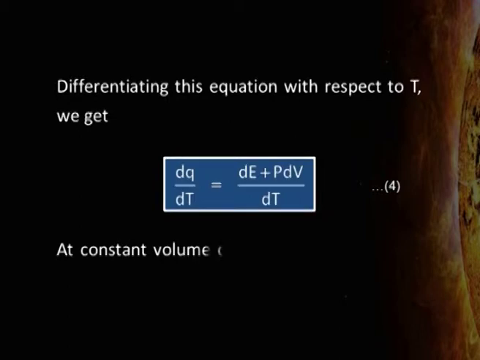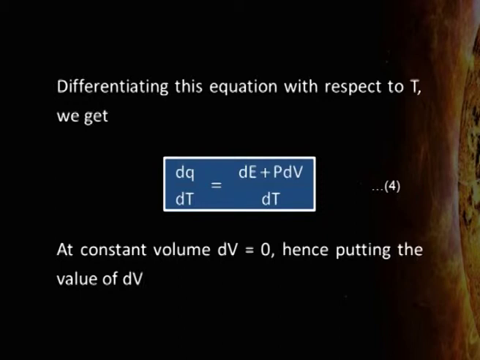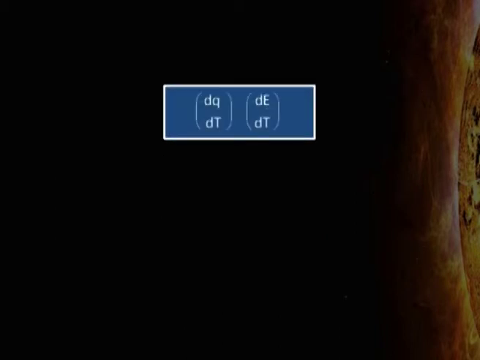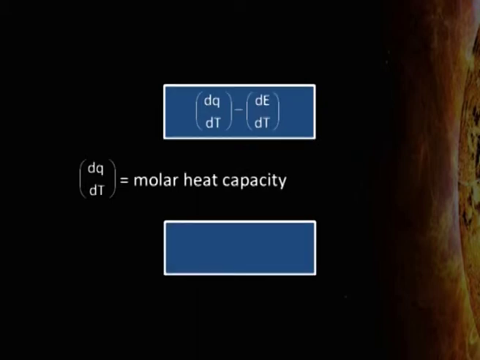At constant volume, dV will be equal to 0, hence putting the value of dV equal to 0, we will get dQ by dT equal to dE by dT at constant volume. As dQ by dT is equal to molar heat capacity, therefore, molar heat capacity at constant volume will be equal to dE divided by dT at constant volume.